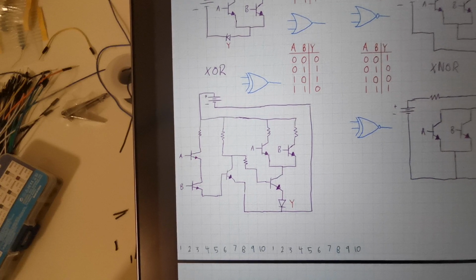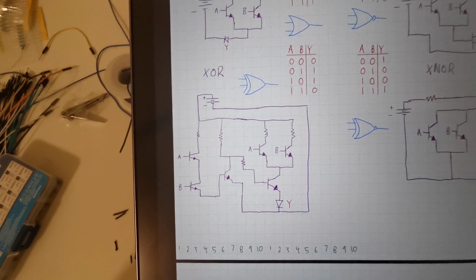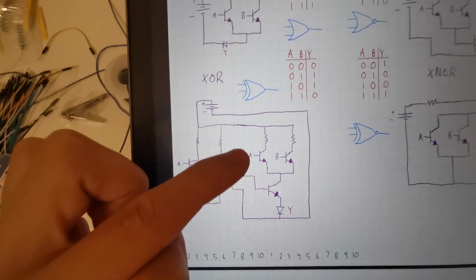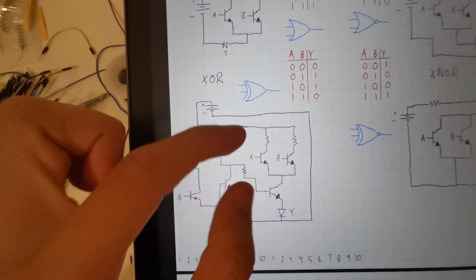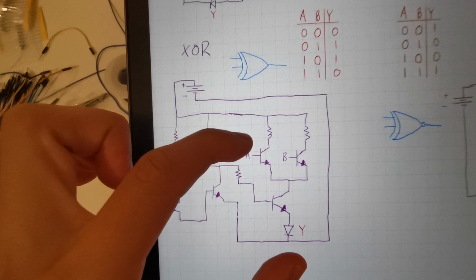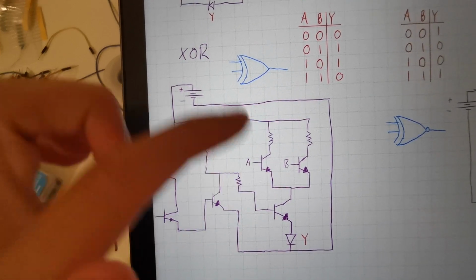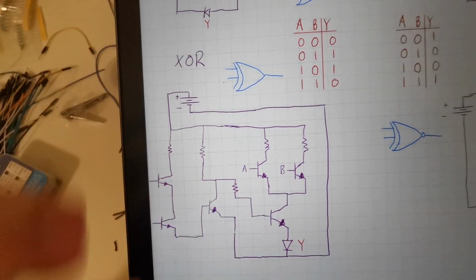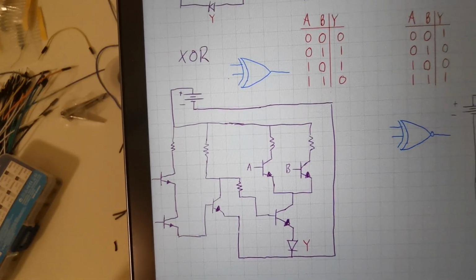Apparently, for example with this transistor right here, some current from A will actually go into the emitter port. A is not perfectly isolated from the rest of the switch, which I thought was true.